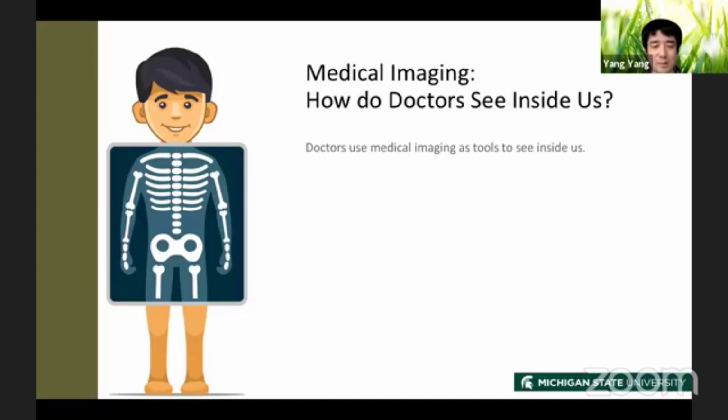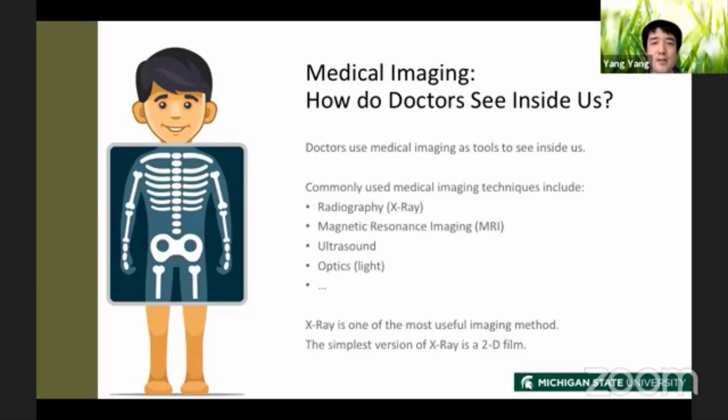Okay, you probably have come up with a few names in your mind. Some of the most commonly used medical imaging techniques are radiography, which is based on X-ray, and magnetic resonance imaging, which is abbreviated as MRI, and ultrasound. This is a special kind of wave that some mammals like bats use to detect objects. And there are many more than the list I gave here.